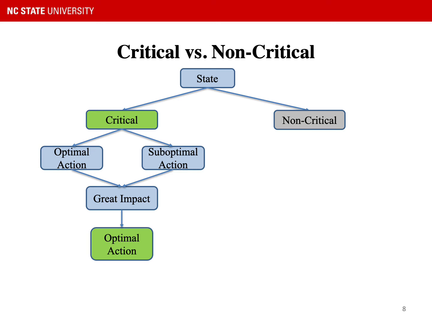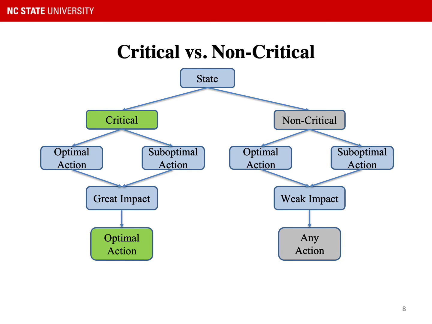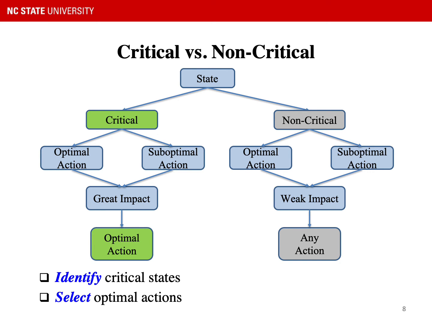Thus, the optimal action should be taken on the critical states. Then for the non-critical states, choosing different actions has weak impact on the final outcome, so any action can be taken on the non-critical states. Therefore, there are two factors in the critical decision: identifying critical states and selecting optimal actions.